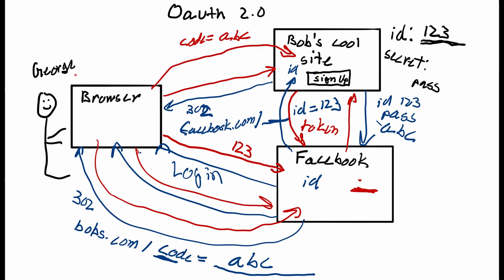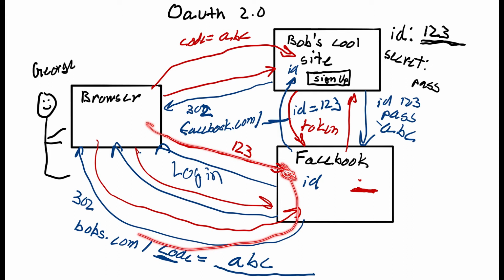Now, if George happens to already be logged in to Facebook, let's say he logged in before and he hasn't logged out, or he has Facebook opened in another tab, if he clicks this link, he'll make this request to Facebook. Facebook already knows it's George, and it already knows that George authorized Bob's Cool Site.